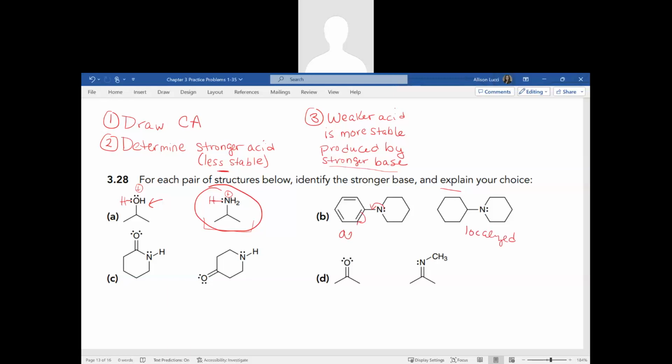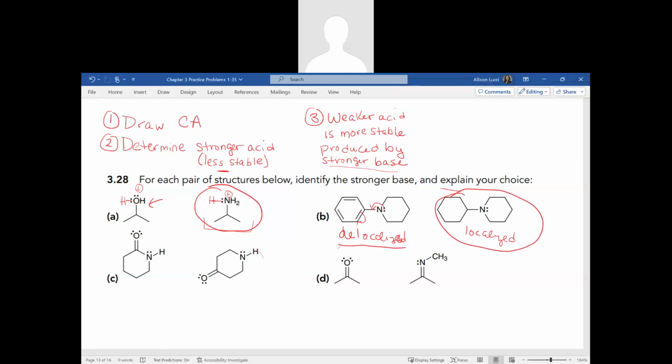And this one was delocalized. So that can help us make a determination as far as the stronger or weaker base. The first base would be a weaker base because the lone pair is less available to function as a base since it's delocalized. So this would be our stronger base, the compound with the localized lone pair on the nitrogen.